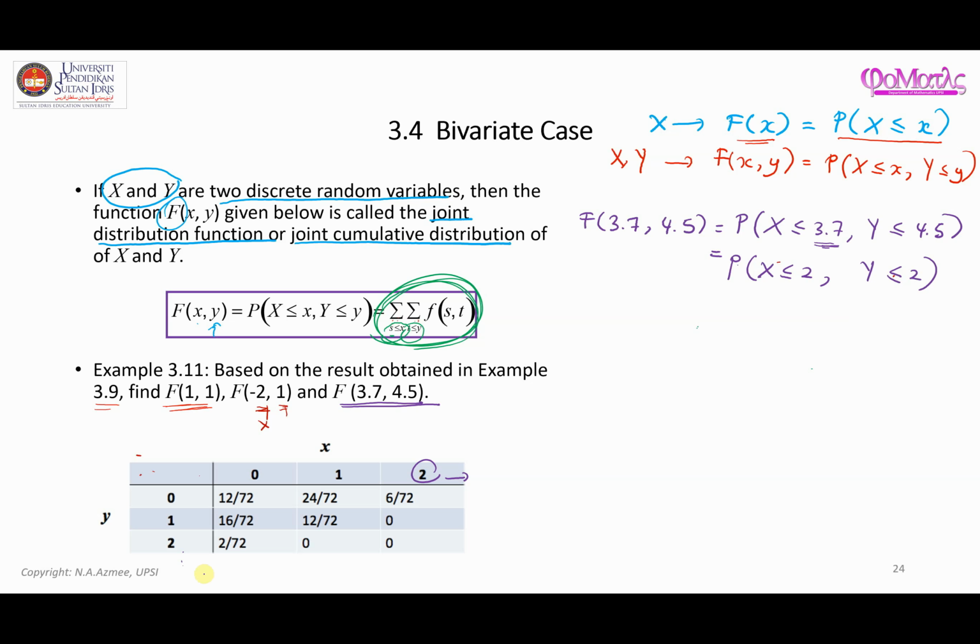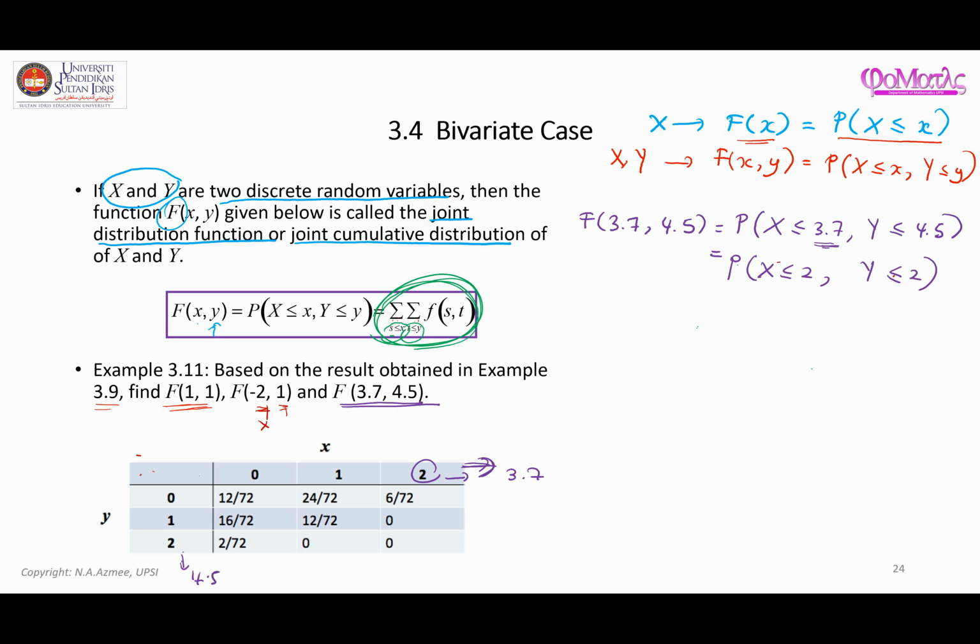And really you can see that 3.7 is situated somewhere there, so it is already outside the range in this manner, and similarly 4.5 is also out of the range.